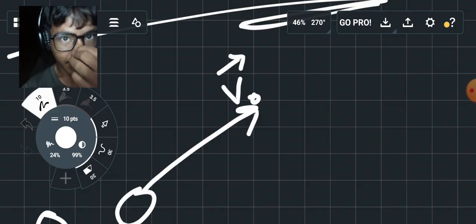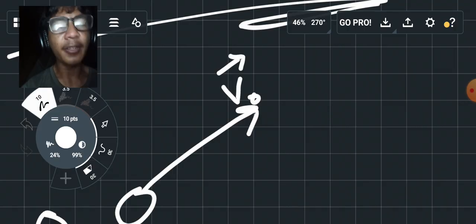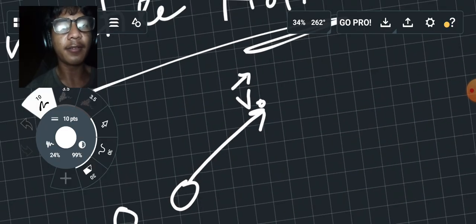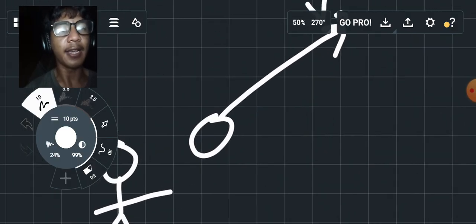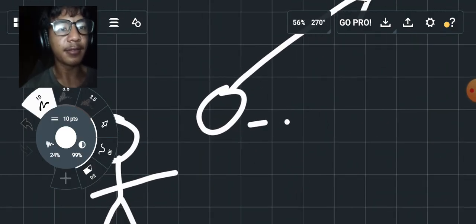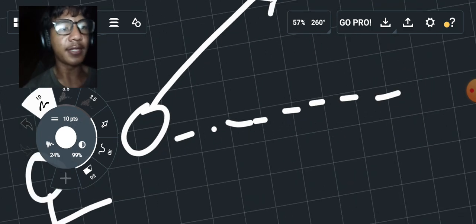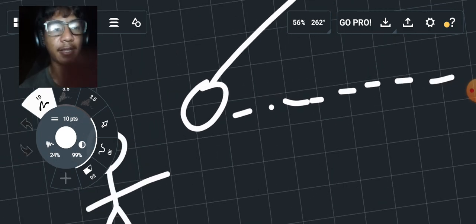Okay, so about its direction, we determine that using the horizontal line. This horizontal line right here.